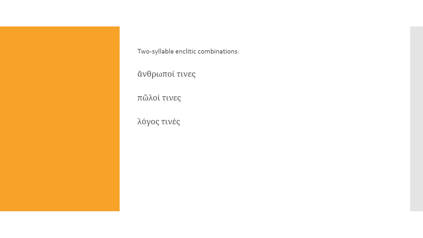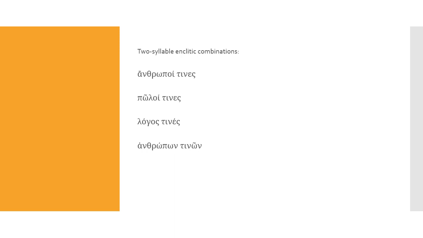It is in the other combinations that we find a little bit of variation. So logos accents on the penult with an acute accent. Here we will gain another acute accent on the ultima of tines, and it in turn will turn to a grave if followed by other accented words.